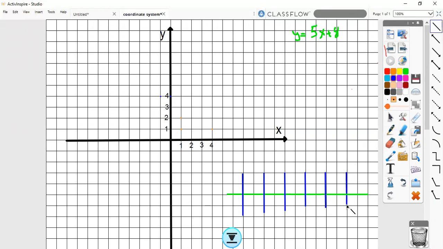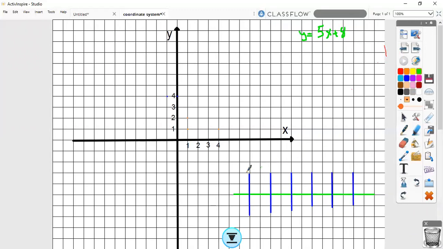For x, I am going to give the value. This is the x, and I need to evaluate the y. If x is 1, y will be equal to what? Put 1 instead of x: 5 multiplied by 1 is 5, plus 8, it will be 13.